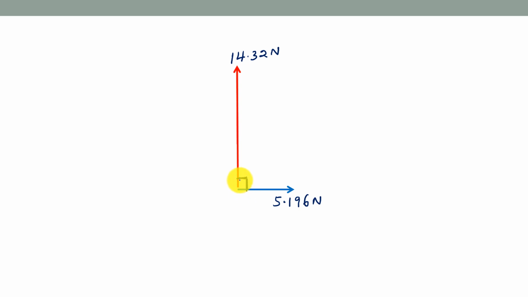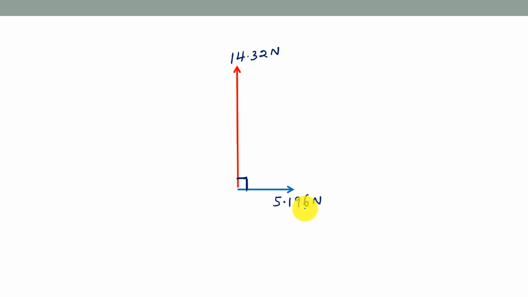By the way, at this particular point, this will be the component in the vertical direction, in the direction PQ. So the answer to part A is this one here, 14.32 newtons. The resultant force in a direction which is perpendicular to PQ must be this one, and it is 5.196.